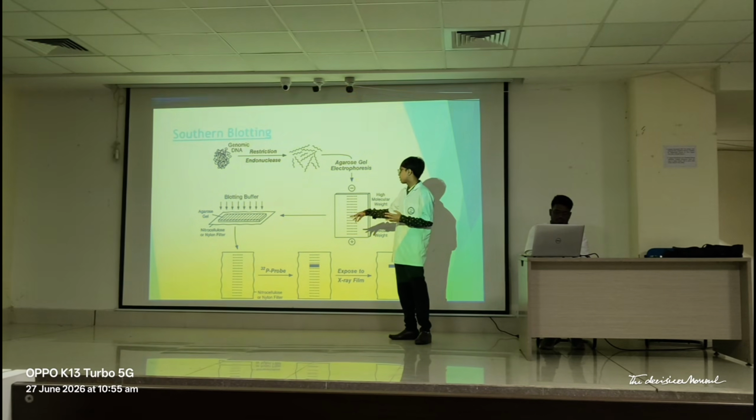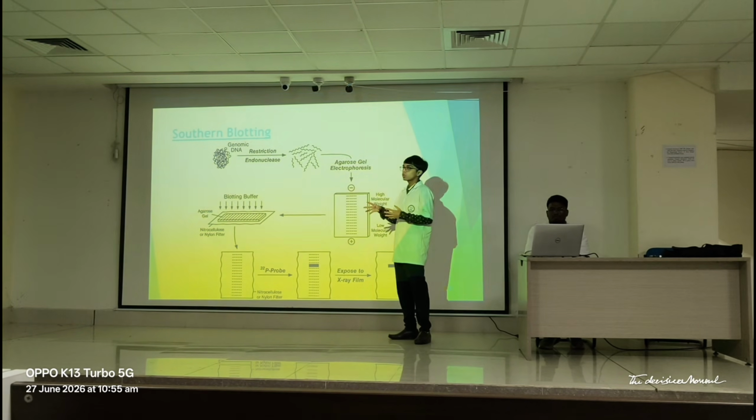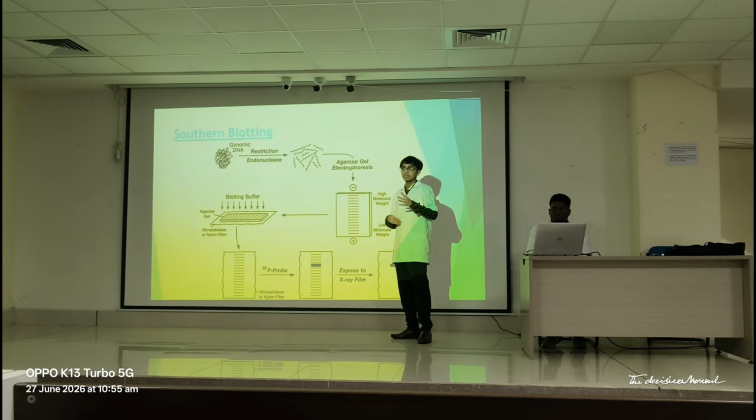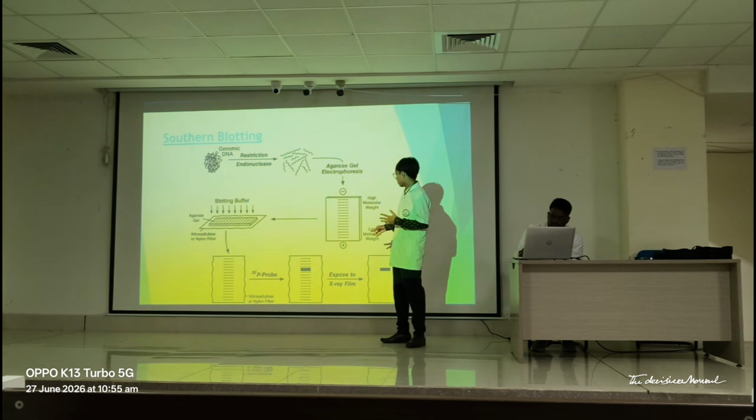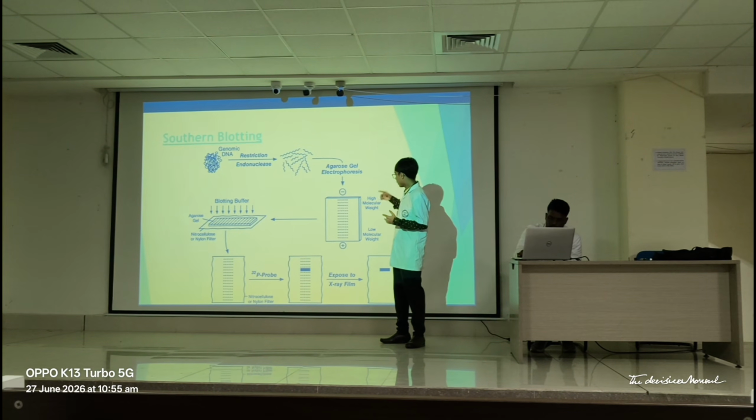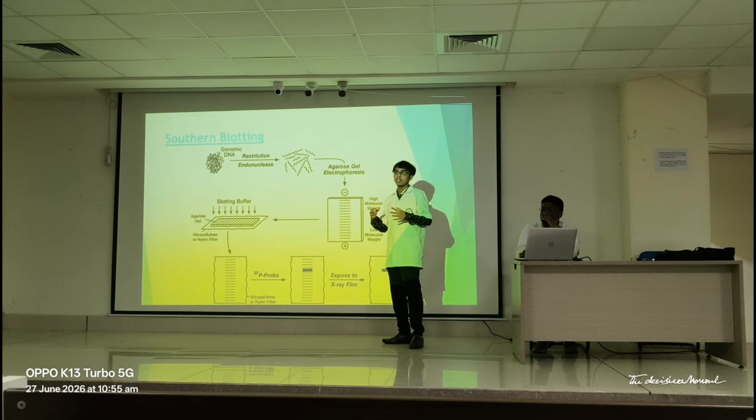Then we pass it through a probe, and the probe connects to its complementary DNA. Finally, we expose it to X-ray film, which is called radiography, to find out which DNA we want.